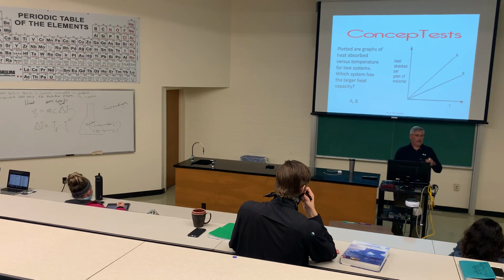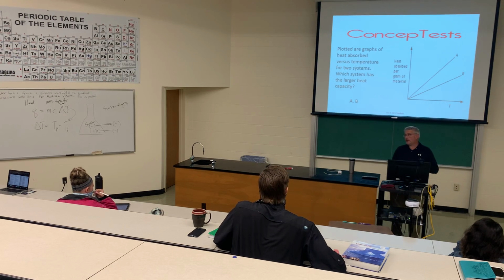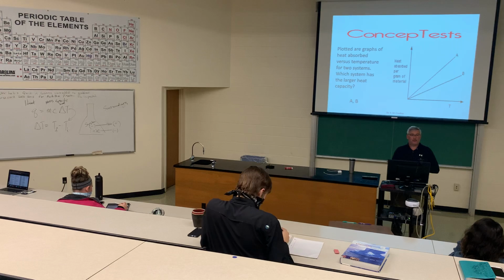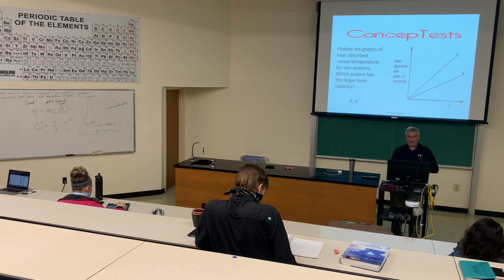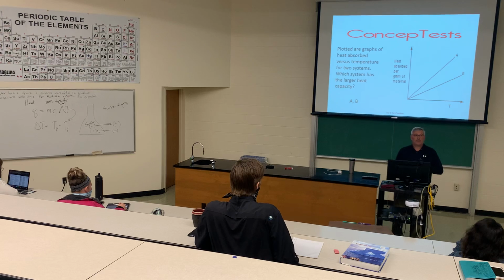Heat capacity is defined as the amount of energy that it takes to change the temperature by 1 degree C. So one of those has a higher capacity. A does, because the temperature didn't change as much for A. Is everyone with me? Trying to put that concept in there.